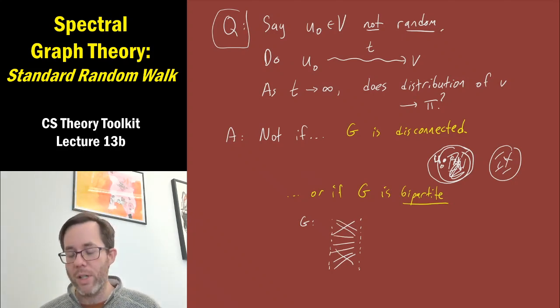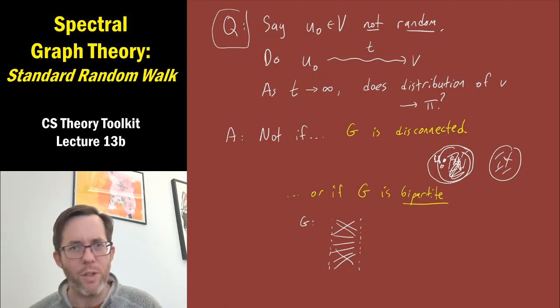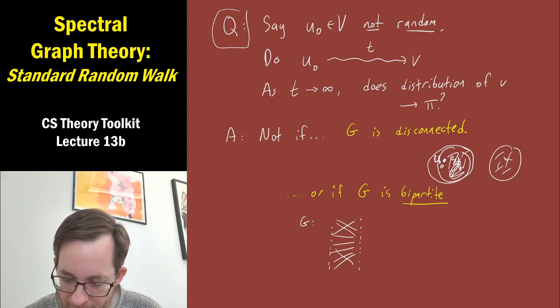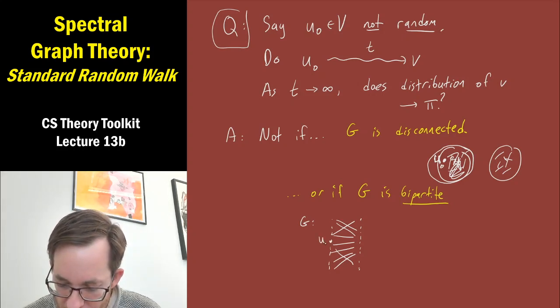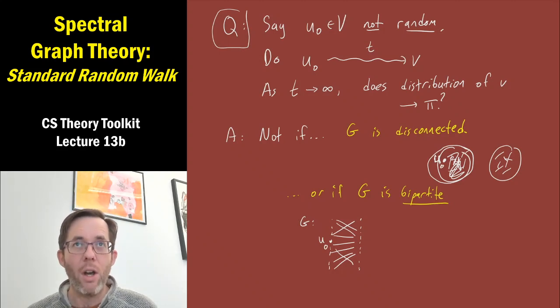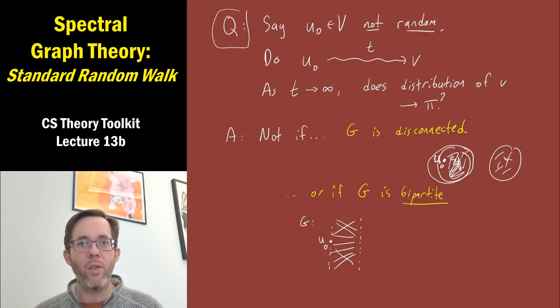They'll go from the left vertex to a right vertex. And again, you can imagine the graph is regular if you want, so that the invariant distribution is the uniform distribution on all vertices. But now you can see, let's say you start at some fixed vertex u0, and maybe it's on the left. Well, you see that if t is odd, then your final vertex will always be on the right. Whereas if t is even, your final vertex will always be on the left.